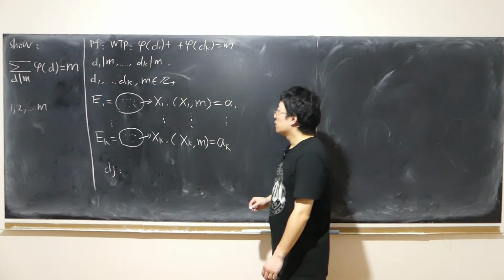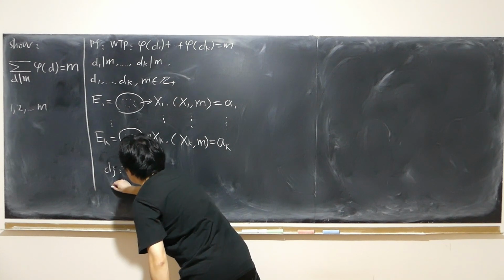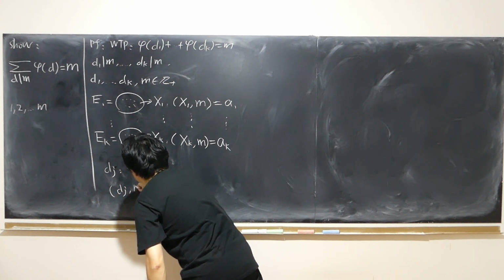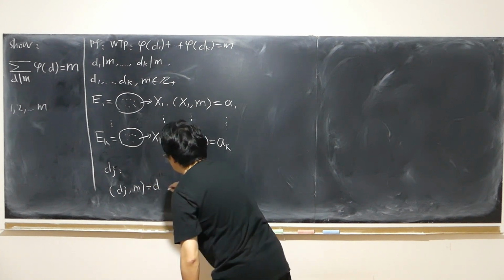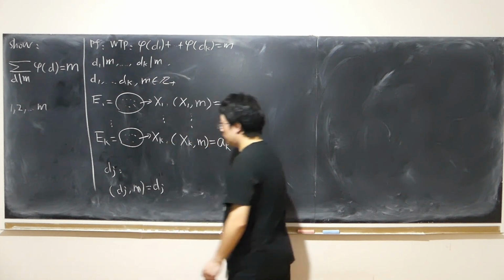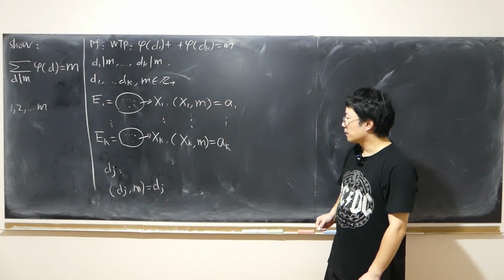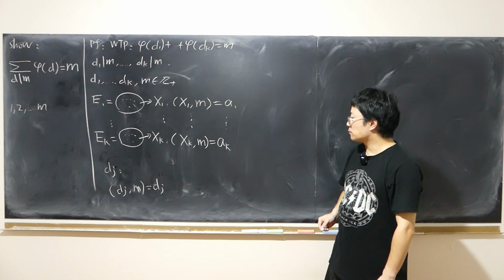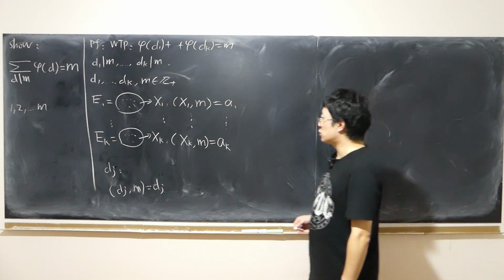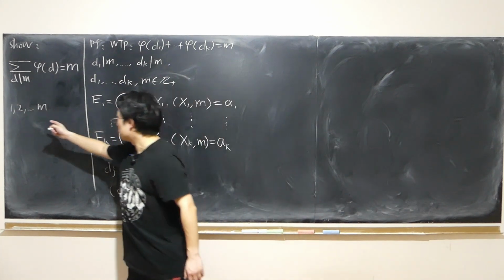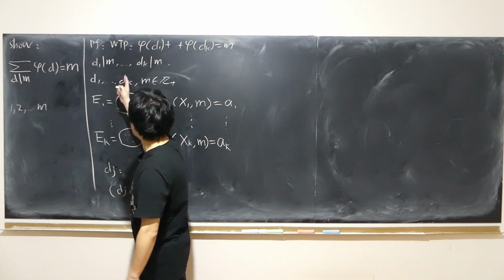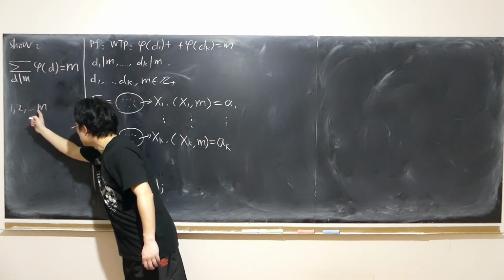Because if you think about the GCD of dj and m, what is that? It must be dj, because dj divides m. So dj, a positive divisor of m, must come out from one of these.